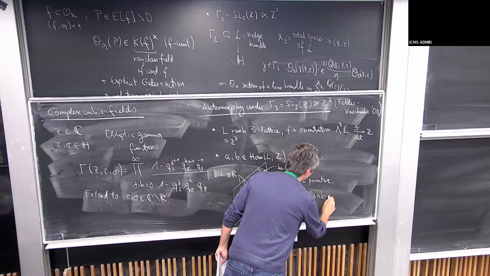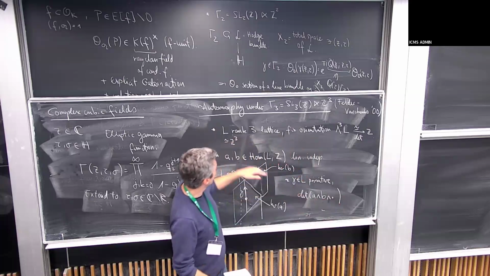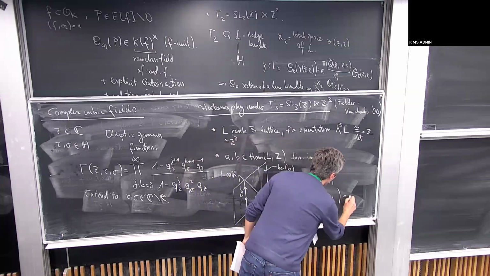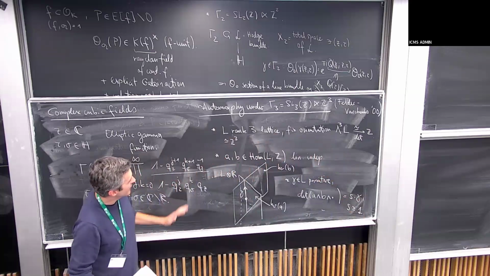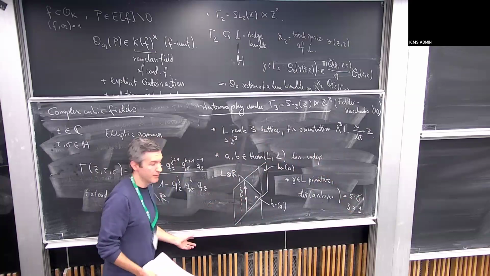So I can look at this. This is a linear functional on this space, hom LZ. And so I want that functional to be positive. In any case, given the orientation on L, I can choose a direction on this line.